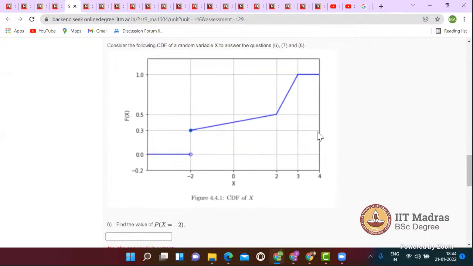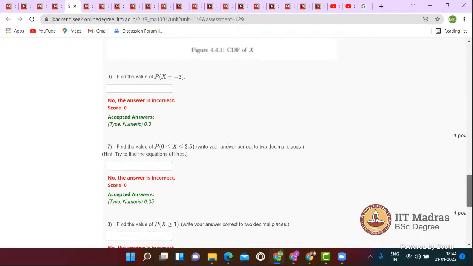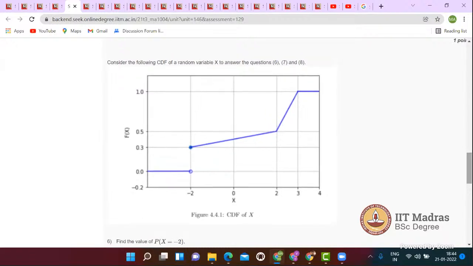My answer is not matching. What's the answer you are getting? 0.35 is the answer here. What's the answer you are getting? 0.5. So till 0, what's the value? That is, I guess, 0.4, right?